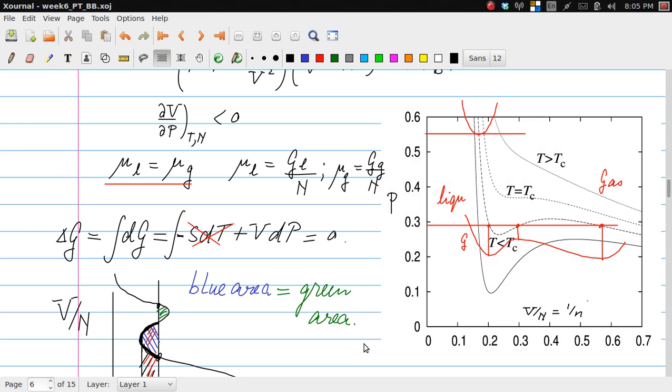So let us calculate the difference in free energy when we move over an isotherm from this point to this point, and then we require that difference to be 0. So delta G is the integral over this curve of dG. If we calculate dG, that's minus S dT plus V dP, but this curve is an isotherm, so that means that dT is 0. And so we are left only with V dP.